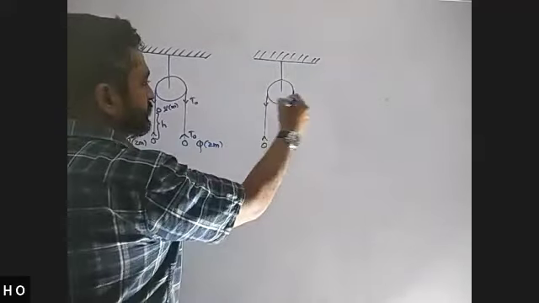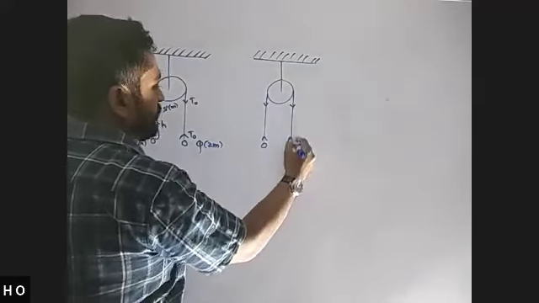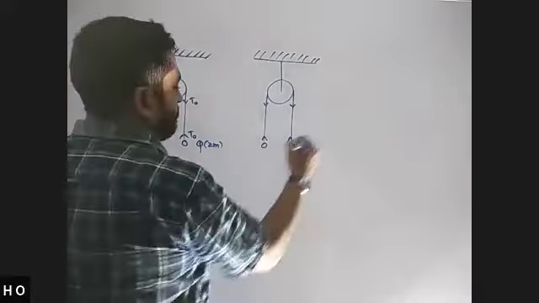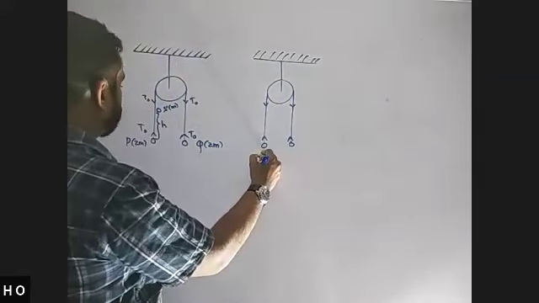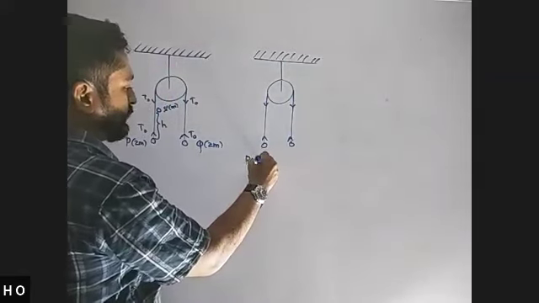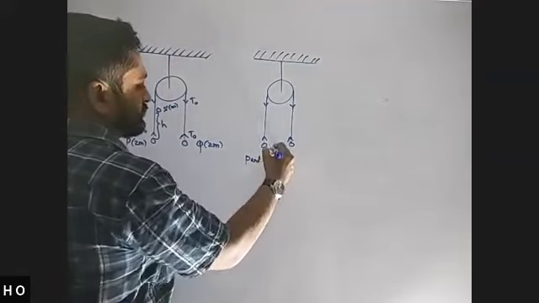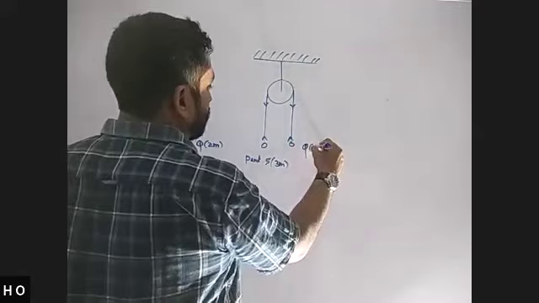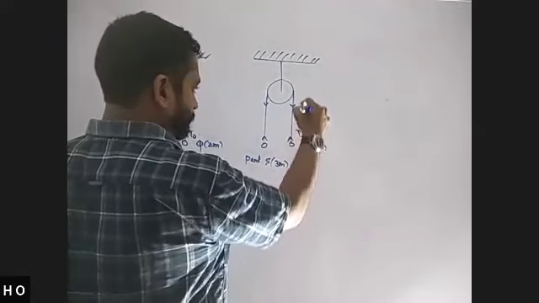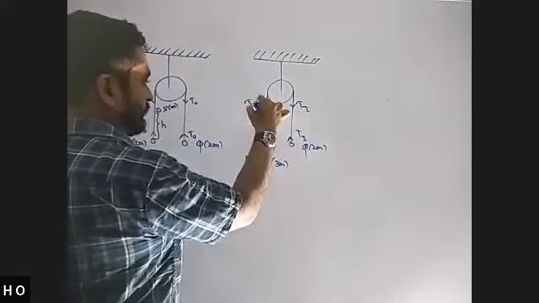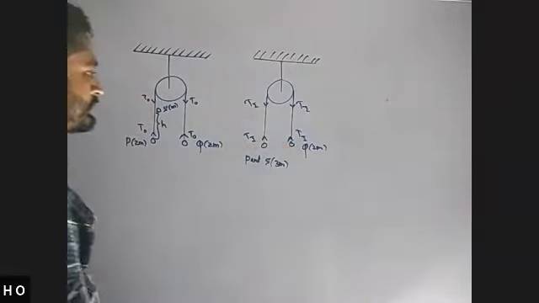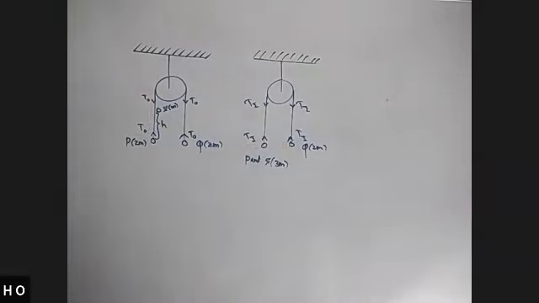It is the occasion of impulsive tension in the string. They are together now, so you can say this is P and S, and now the mass is 3m. Here it is Q, mass 2m.